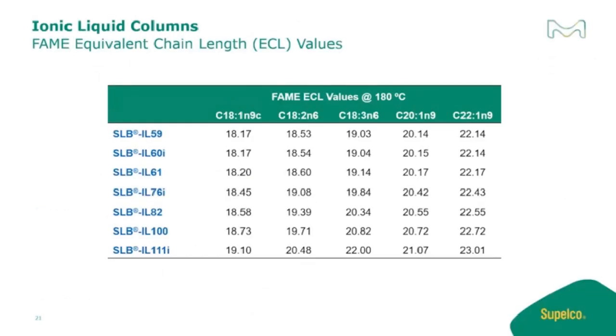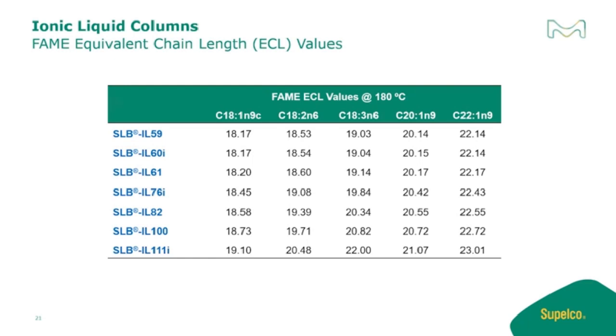Another way of looking at this in comparison to the chromatograms is to calculate the equivalent chain length values. Essentially, they're a type of retention index system based on the fatty acid methyl esters, very similar to a Kovats system where you use alkanes. In this one, we're using the saturated fatty acid methyl esters.